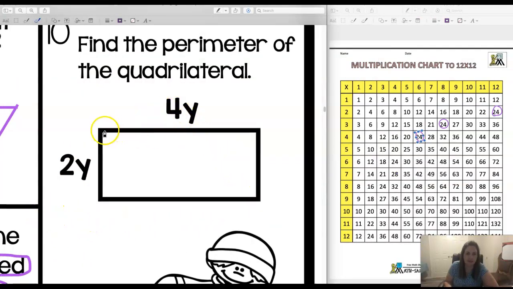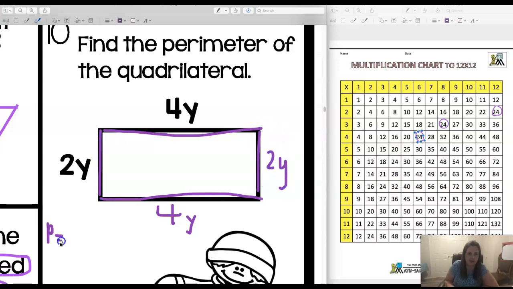If this side right here is 4 yards, then the parallel side is also 4 yards. If this side is 2 yards, the parallel side is also 2 yards. Write 4 plus 2 plus 4 plus 2.